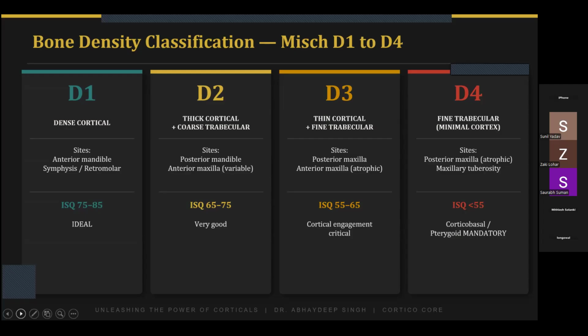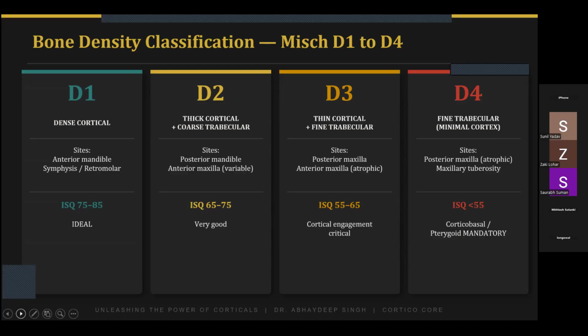Now, D2 is thick cortical, but a coarse trabecular pattern is there in that bone. If you have done any kind of implantology in your career, if you have placed conventional implants, if you have done osteotomy, try to remember that when you enter from the first lining of the bone, that is the hard cortical, you have to put so much pressure on it for perforating just to get that entry, just to get that ditch from where you begin your further osteotomy.